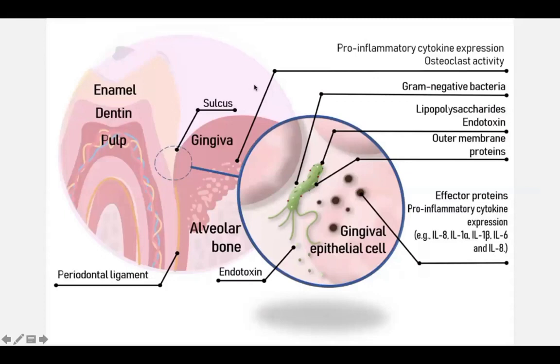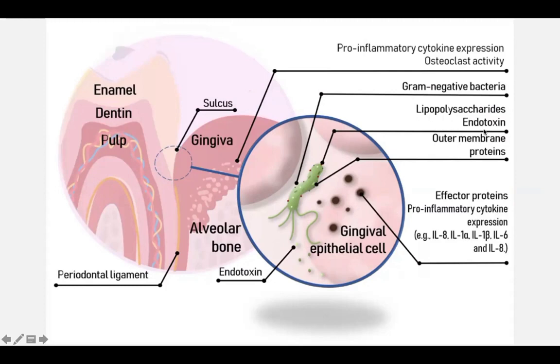This is another representation when in your gingival sulcus there is bacteria. This is a gram-negative bacteria. It has fimbriae. It has lipopolysaccharide capsule, which helps to prevent opsonization and engulfing by the leukocytes.